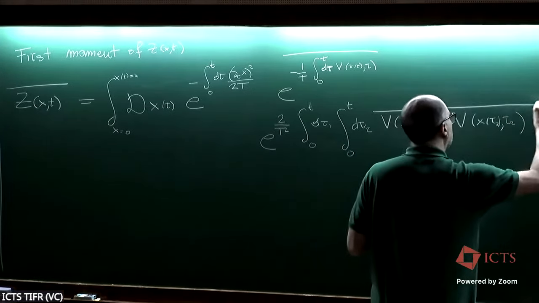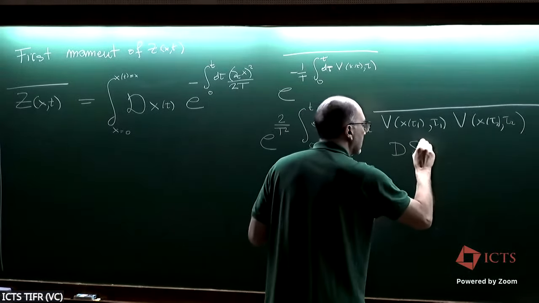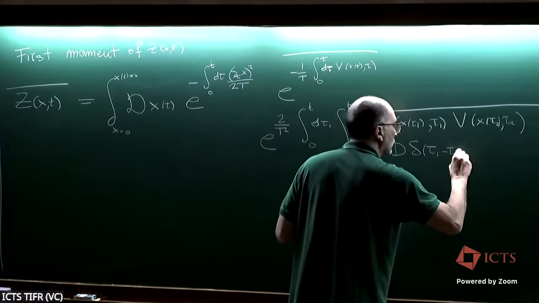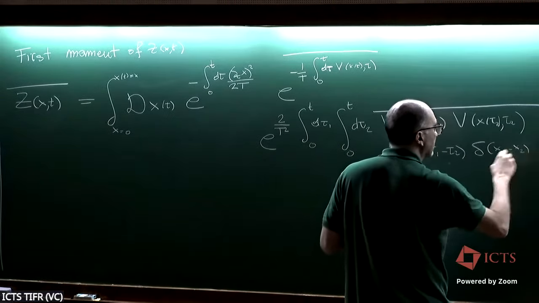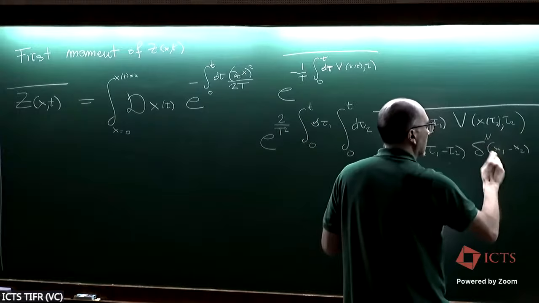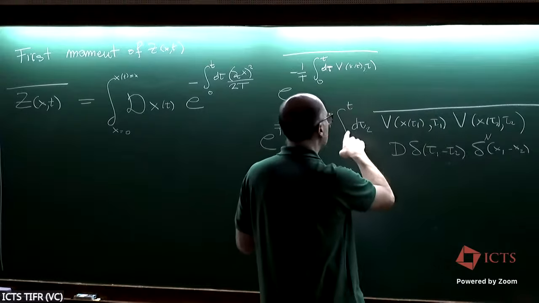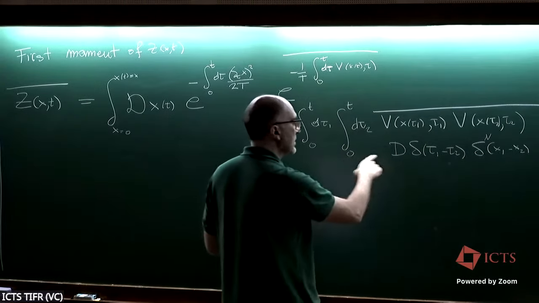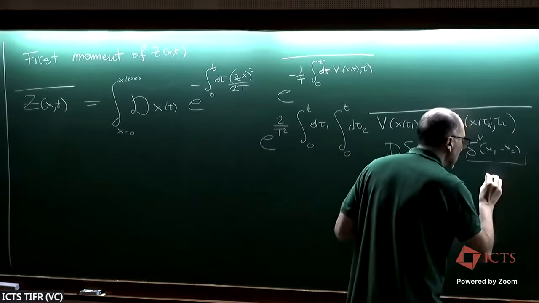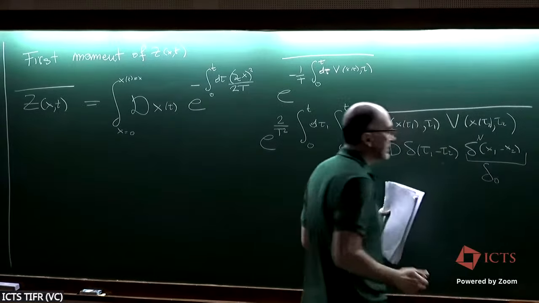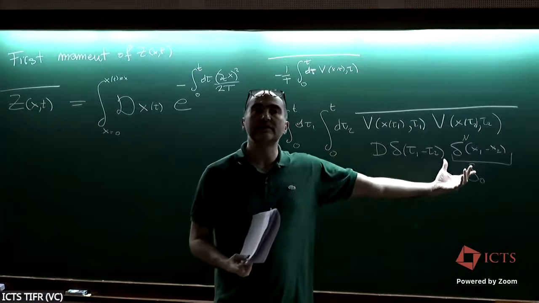And we have to take this average. This is just delta, delta(tau 1 minus tau 2), delta(x1 minus x2), but x1 and x2 are equal. So one of the integrals in tau goes away, but x1 and x2 are equal. So here we have a problem. Let me call this object delta 0, because this is a problem that comes from the continuum model. There is this divergence.